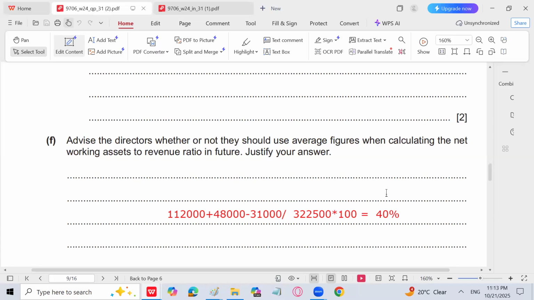So obviously average figures will be more favorable. Average figures discuss only the opening and closing. If average was used, this would be more appropriate because it gives a more adequate comparison of the use of net working assets throughout the year. How can we assess that change has taken place? Because changes in calculation would not have any effect on actual performance.